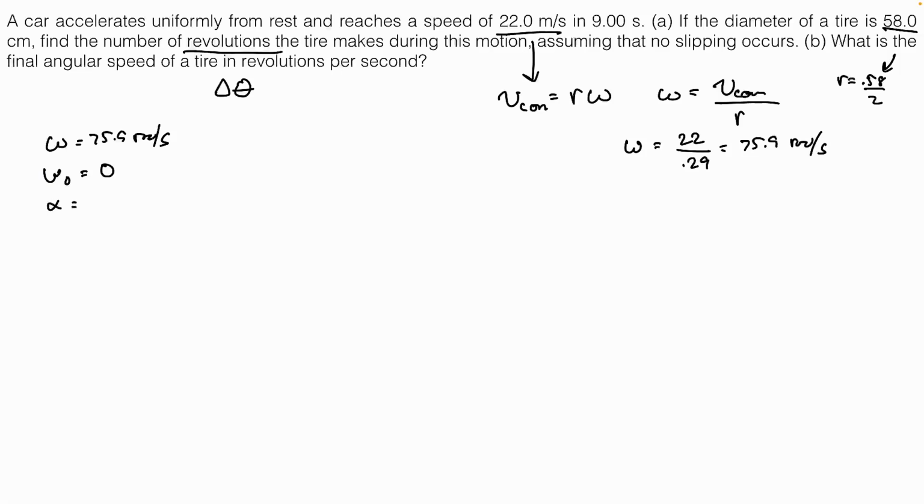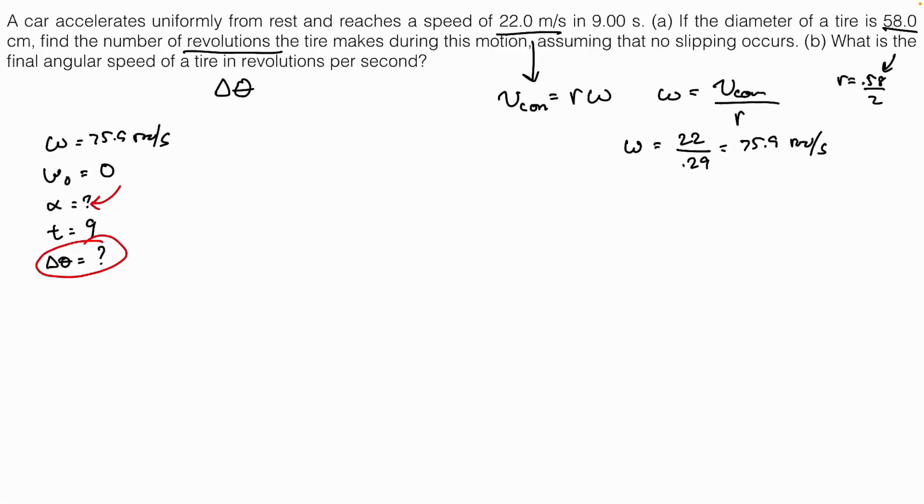It's not 0, because it wouldn't be speeding up, so we don't know it. Do we know how long it took? 9 seconds. And we're looking for the delta theta, aren't we? That's what we're after. But what are we going to have to find first? Because it's in all the tools. We have to find that acceleration.